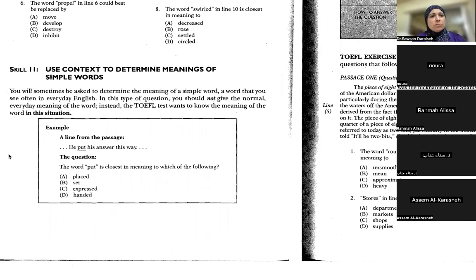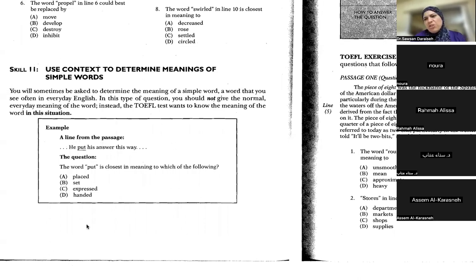So see what the TOEFL book says. Instead, the TOEFL test wants to know the meaning of the word in this situation. Which situation? This situation. That means in context, in a certain context. Not in general, or what you know, or the experience that you have in relation to that word. So a line from the passage.